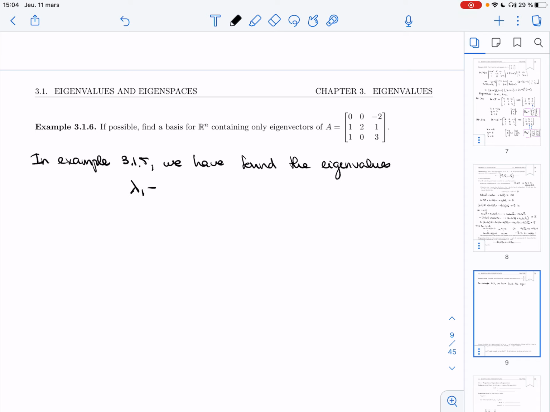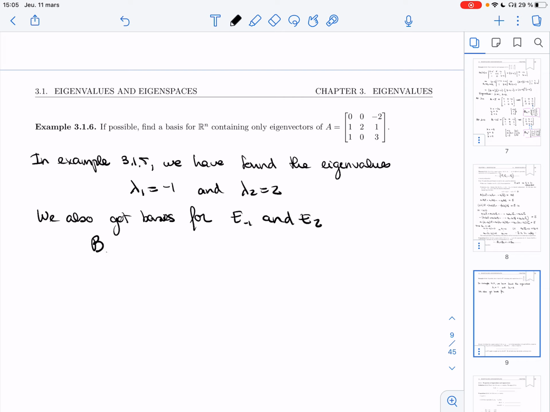We have lambda 1, which was -1, and lambda 2, which was 2, for A. And we also found a basis for each of them. We got a basis for E minus 1 and E2.